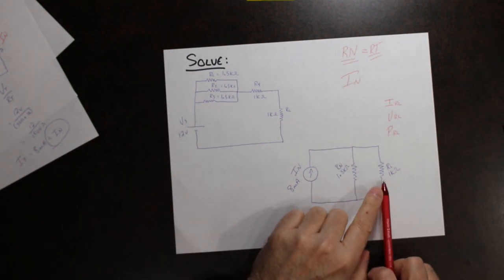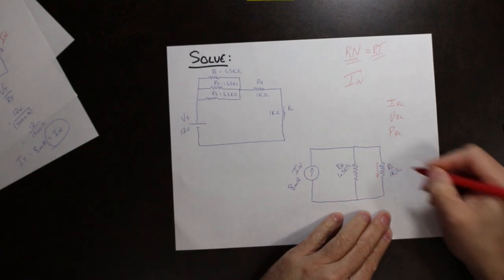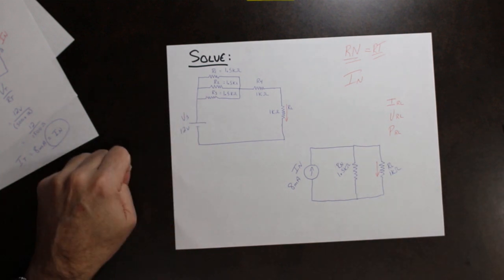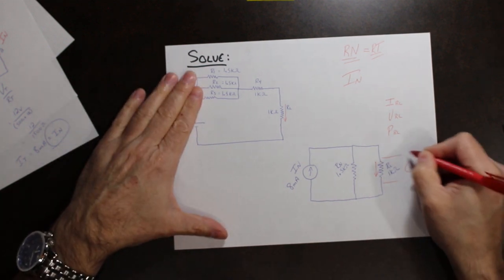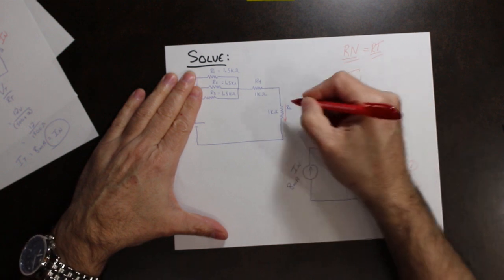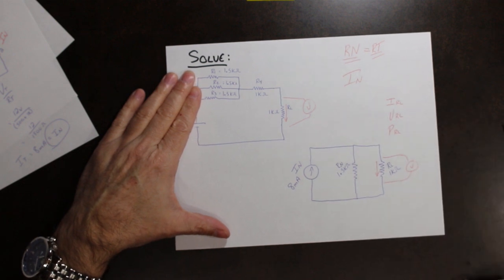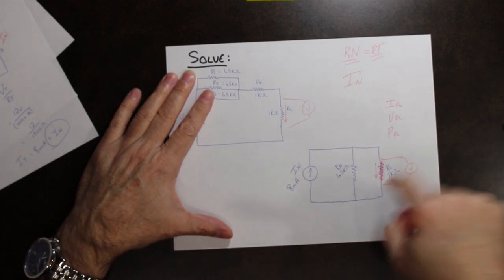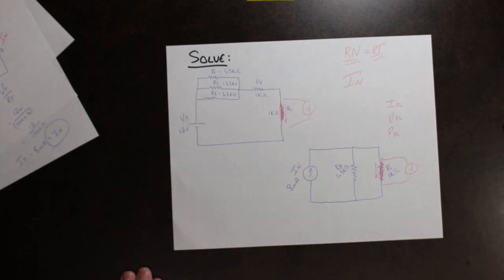Okay, so again, the current flowing through this resistor must be equivalent to the current flowing through that resistor. The voltage drop across this resistor must be the same as the voltage drop across this resistor. The power that's dissipated as heat in this resistor must be the same as this resistor.